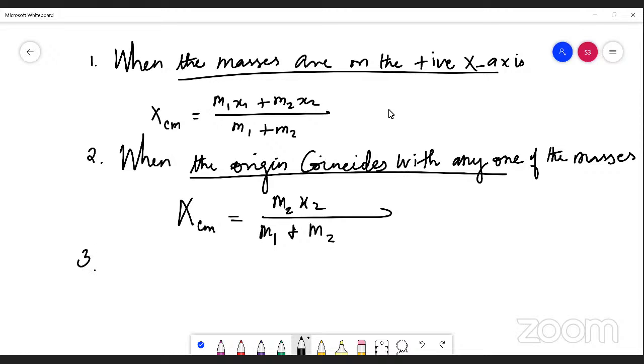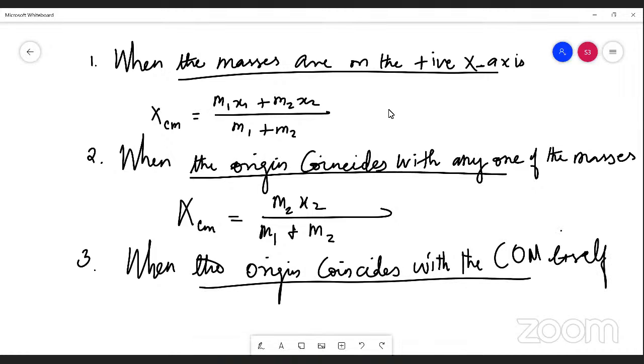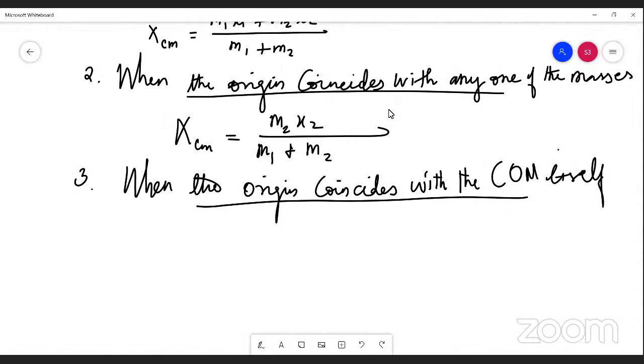And the third one is that when the origin coincides with the COM, COM stands for center of mass itself, then what is the formula for the center of mass of the two bodies? Here, principle of moments comes into play.